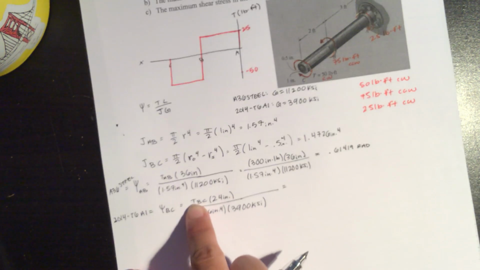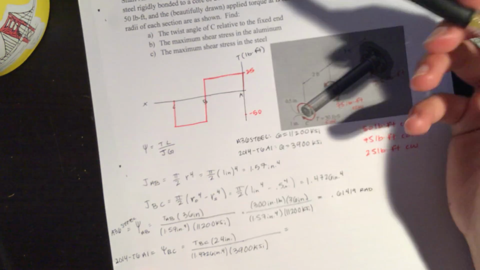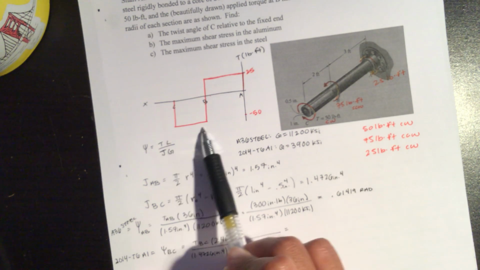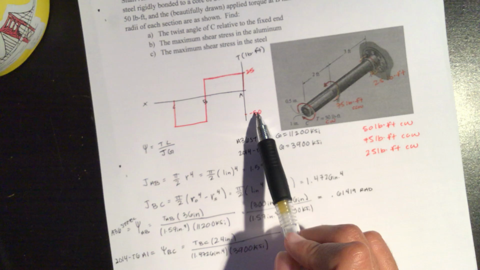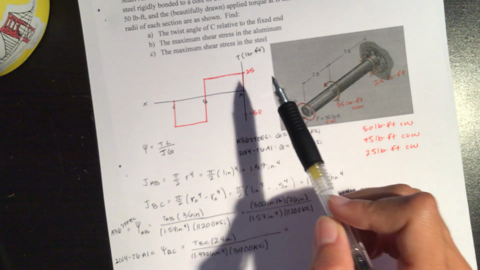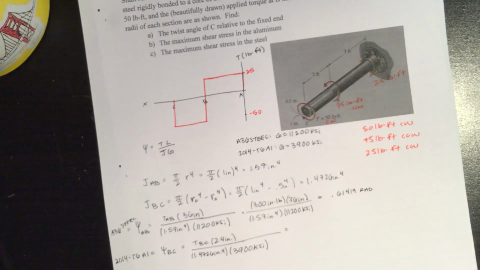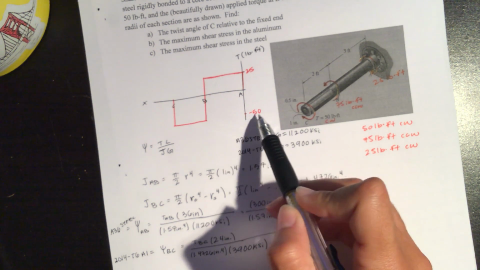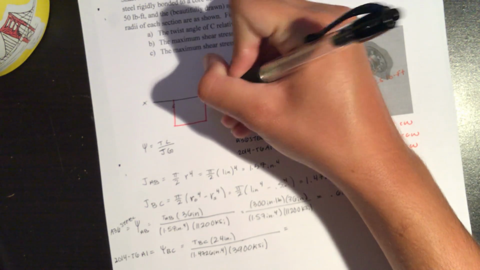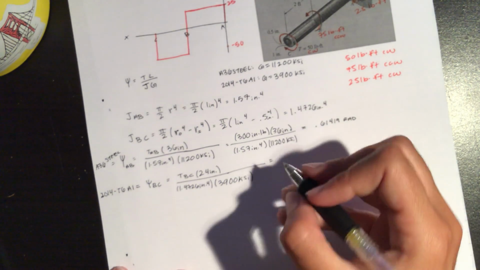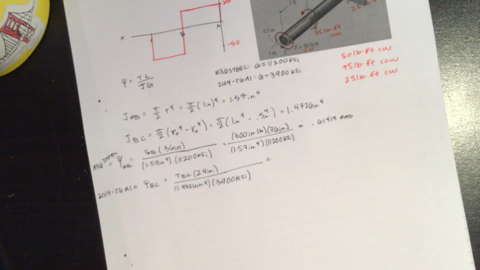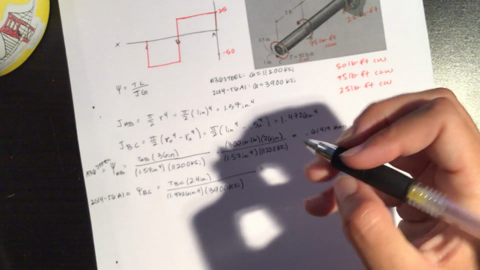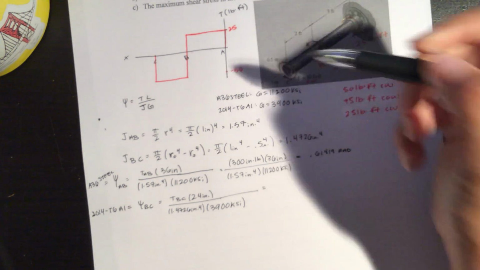And to find T of BC, we go back and refer to our torque diagram. We see at BC, our torque is going to be negative 50 pounds-feet. And so we're going to convert that to pounds-inches by multiplying by 12 again. And it's going to be negative because of this by looking at the diagram. And so 50 times 12 is going to be 600, and it's going to be negative 600 since it's here.